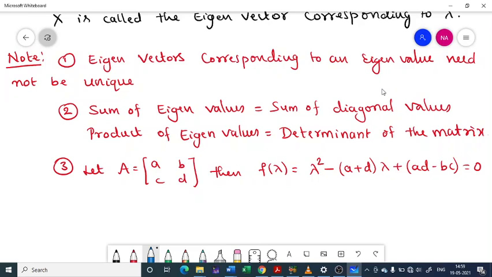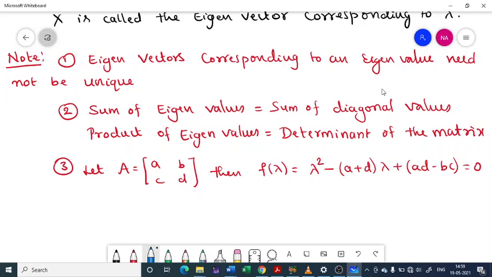So I have not included that point here. I'll just mention it orally. Eigenvectors corresponding to different eigenvalues are linearly independent. In fact, eigenvectors corresponding to the same eigenvalue are also linearly independent. No two eigenvectors are linearly dependent. That is the point you have to remember.